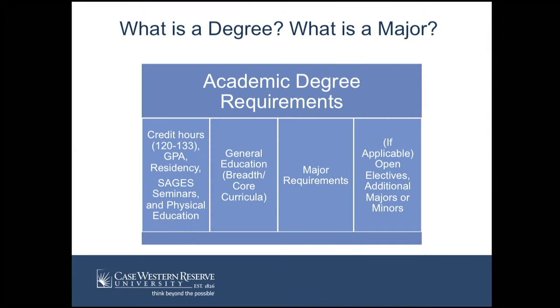And then finally, once you complete all of those things, you still have room to take a few more courses to meet those total credit hour requirements. In this case, you might have open electives, meaning you can take courses in whatever discipline you would like to pursue, or you might be able to take some courses and complete a minor in addition to your major, or maybe even a second major.